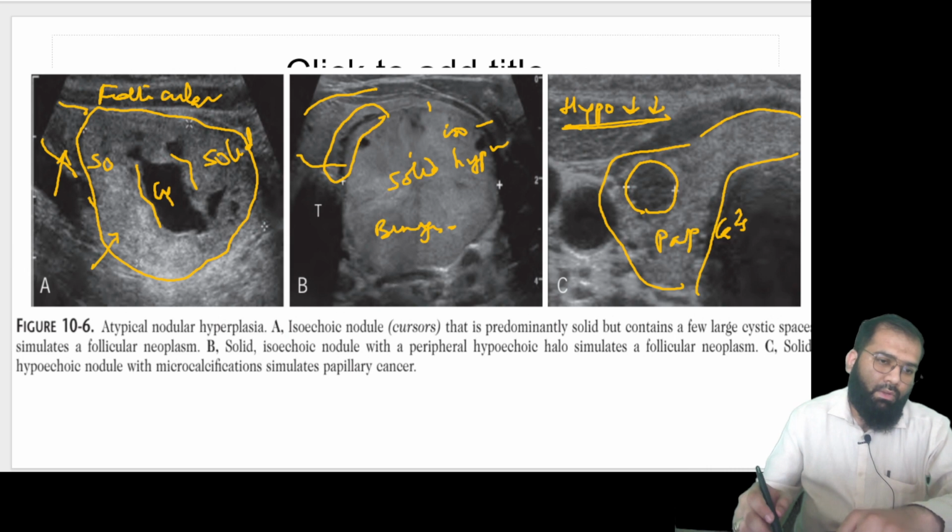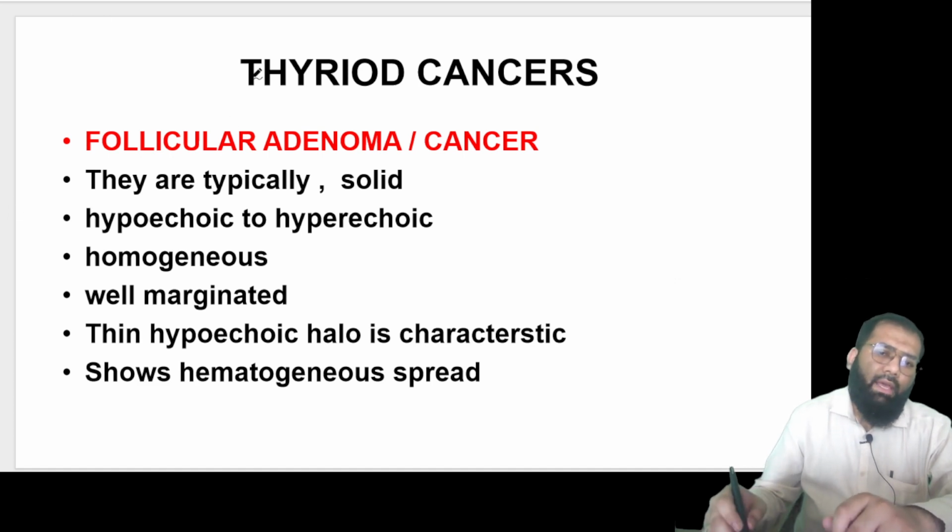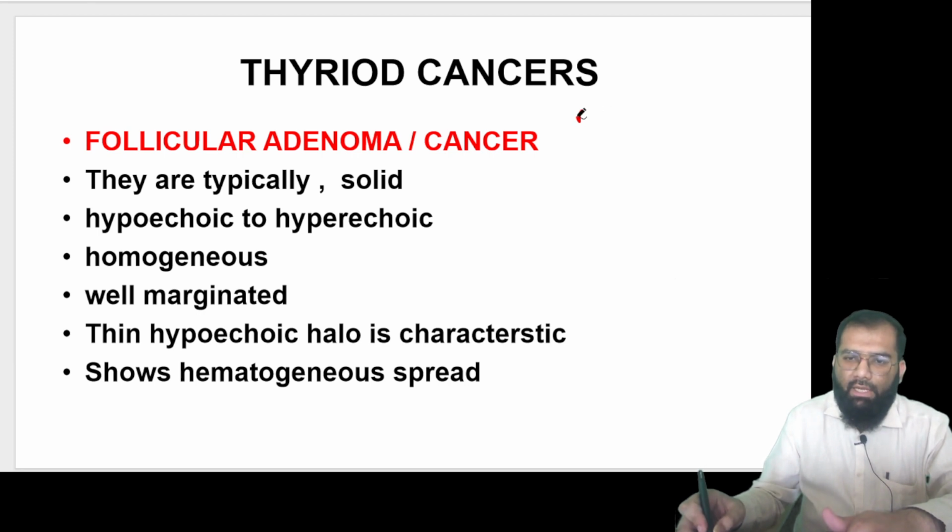Remember. Now with this, I'll tell you what the important thyroid malignancies are. There are four important malignancies which you should know, and the fifth one I'll be telling you. Number one is follicular CA.